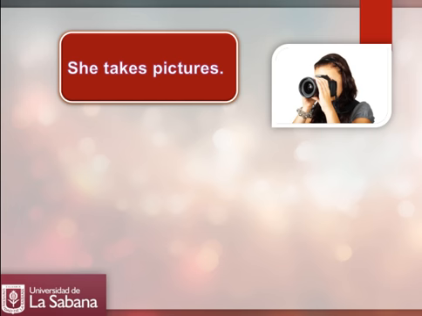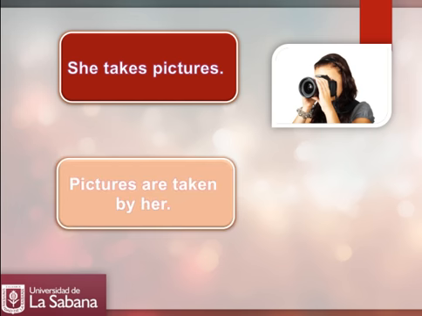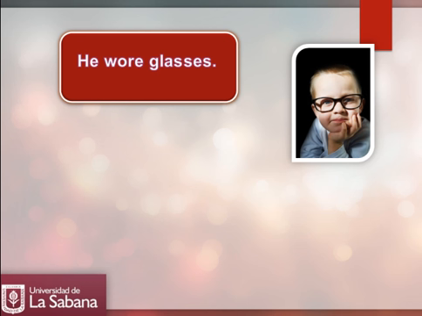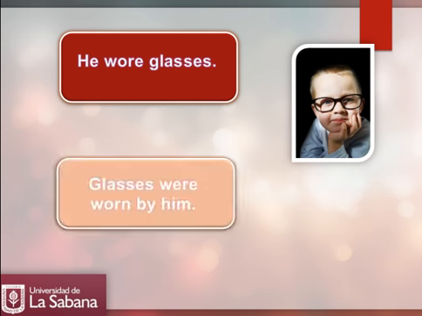And when you're ready, the answer is pictures are taken by her. Did you get this one? Okay, let's try the last one. He wore glasses. And when you're ready, glasses were worn by him. I hope you did really well on this one.